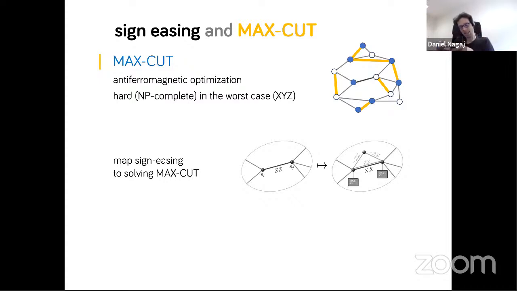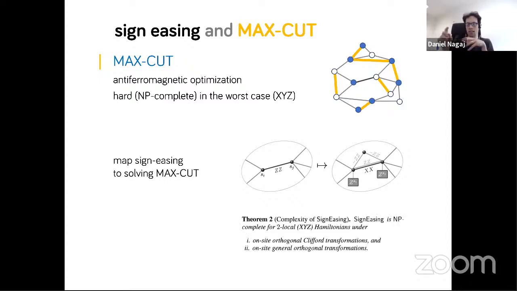So we take a Max-Cut instance and we create a 2-local Hamiltonian of the XYZ type that cannot be eased unless you also have an antiferromagnetic configuration on the Max-Cut side.